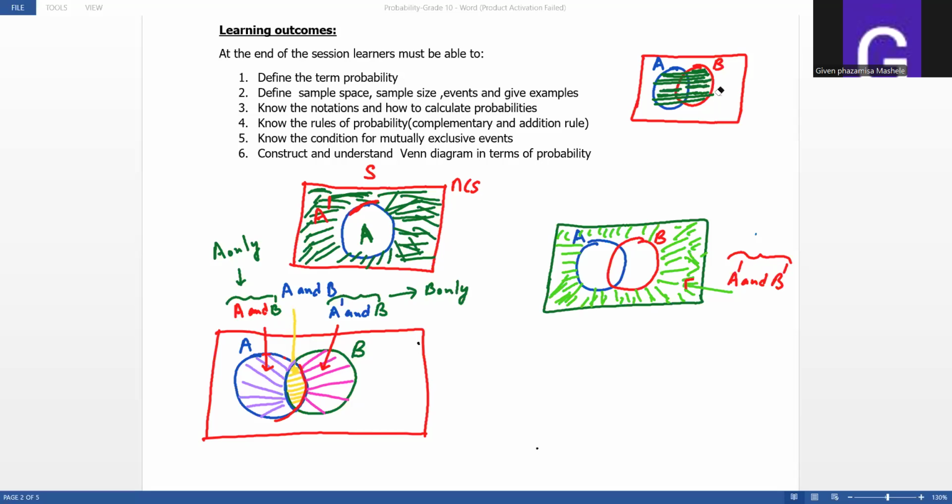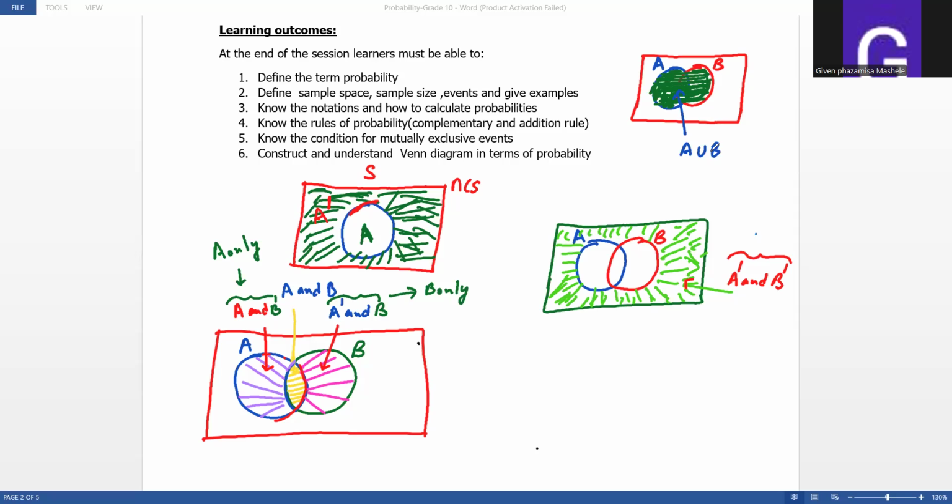Okay. So this whole area here is where we have A or B. It's A or B, not and, it's A or B. This whole area is called the A or B.